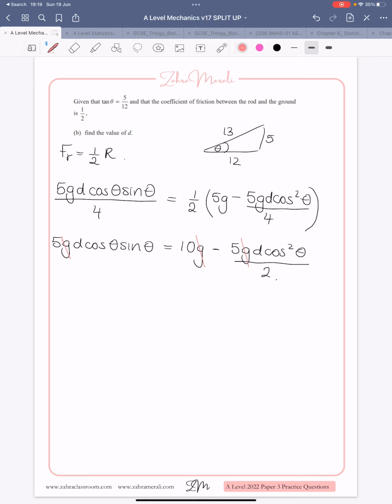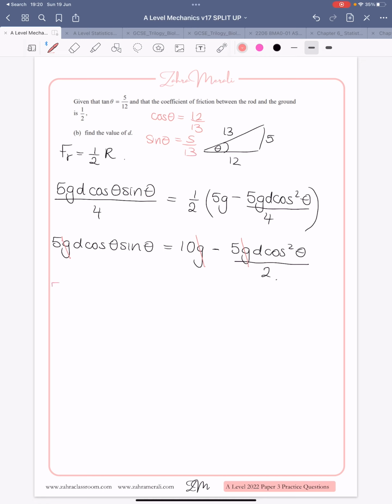It's probably easier if I just replace things. So remember tan theta is 5 over 12. Everywhere there's a cos theta, I can replace it with 12 over 13 and sine theta with 5 over 13.